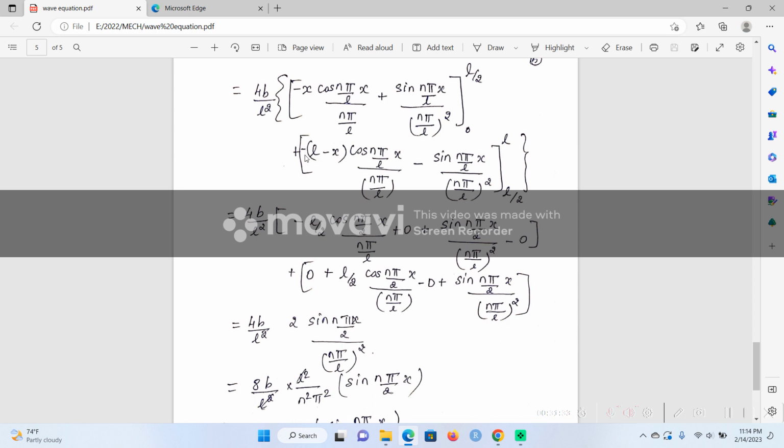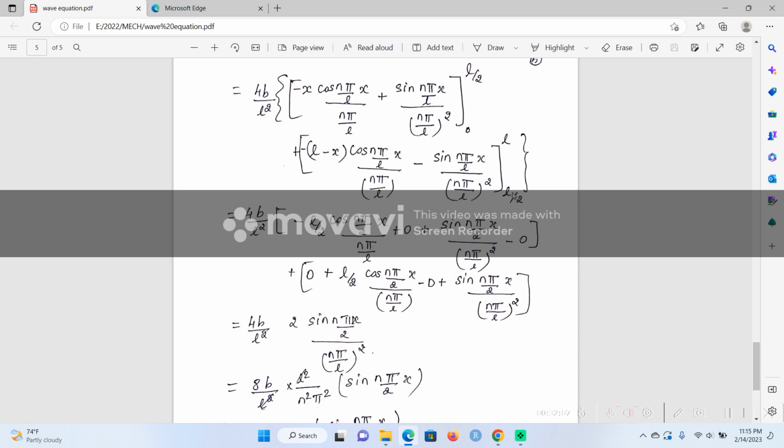Already one minus is here, and for the lower limit the formula itself has one minus, so minus into minus will be plus, so it is L by 2 cos(n pi by 2), and x is L by 2, L getting cancelled, so we have sin(n pi by 2) by (n pi by L). Similarly, if we put the upper limit for this term, it is L and L getting cancelled, it is sin(n pi) which is 0, so the upper limit is 0.